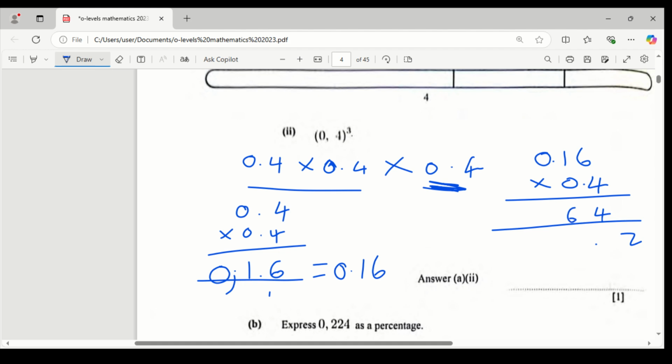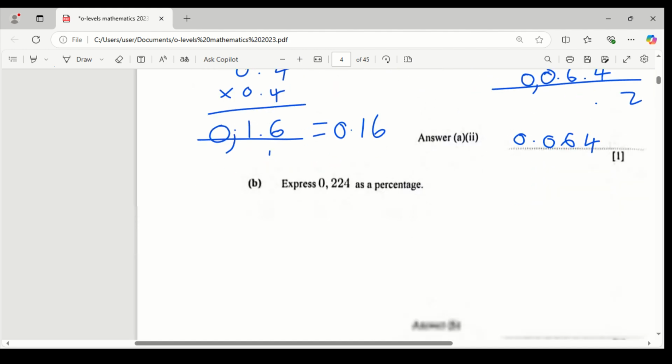We count the number of decimal places there. We can just add some zeros there. We have got 1, 2, 3 decimal places. So our comma will be here. So our final answer will be 0.064. We can move on to the next question.